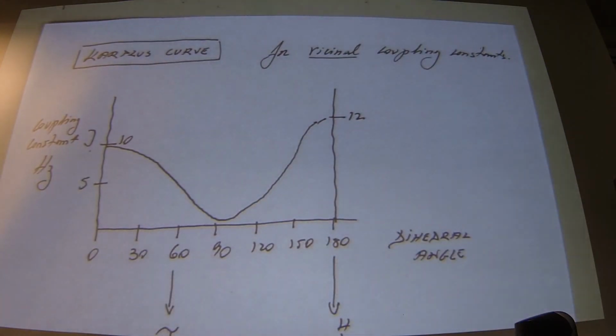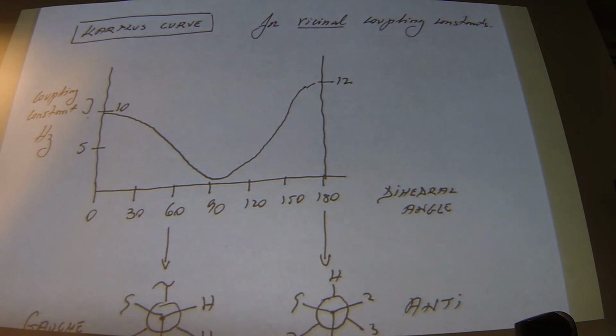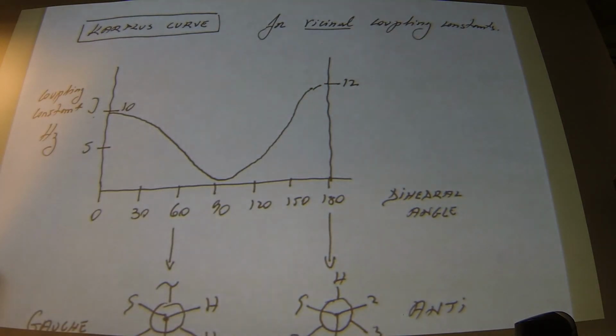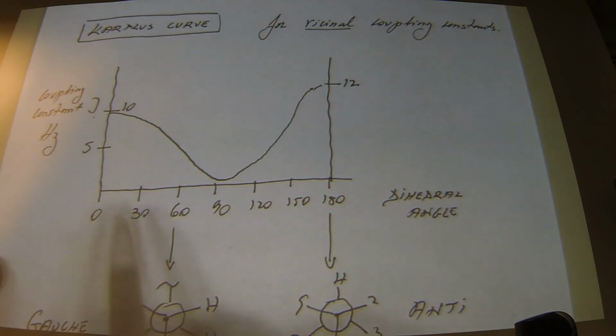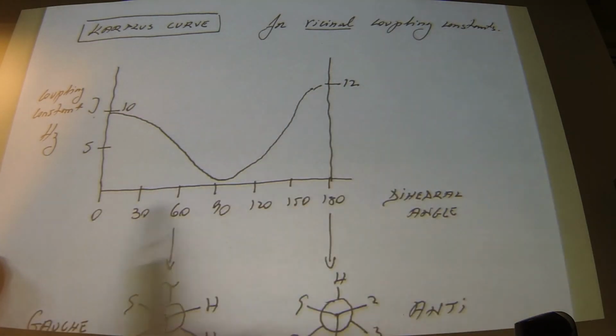Now, one thing that the 6th edition has that the other edition does not is a discussion of the Karplus curve. I actually took a course from this guy when I was in graduate school. So the Karplus curve looks like this.